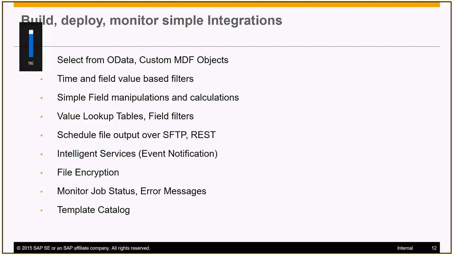And the sixth bullet point talks about intelligent services. Intelligent services is a rather new event notification framework that's been developed for various different use cases within SuccessFactors. Now, this becomes very useful when you're trying to build integrations. A good example, if you think about Employee Central, is that my manager has changed.